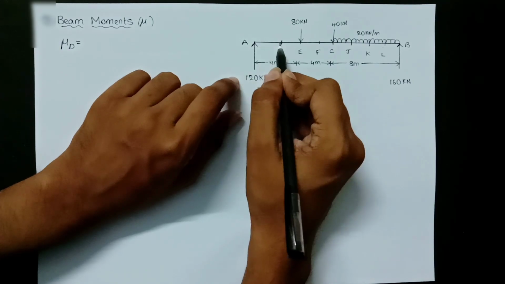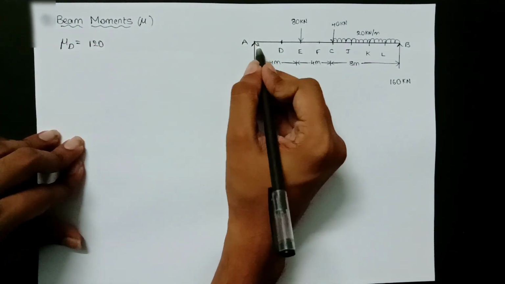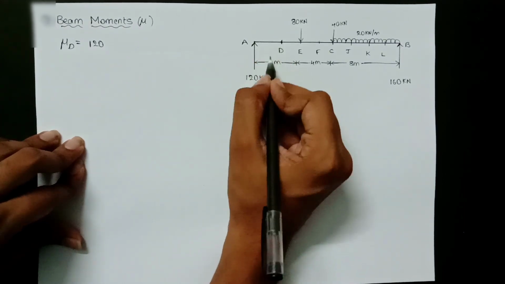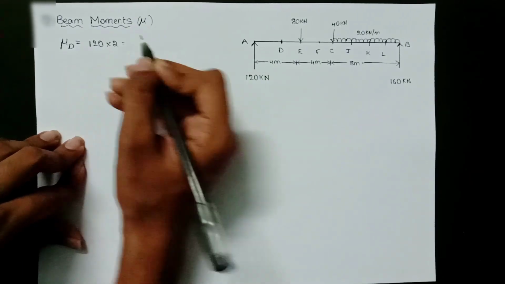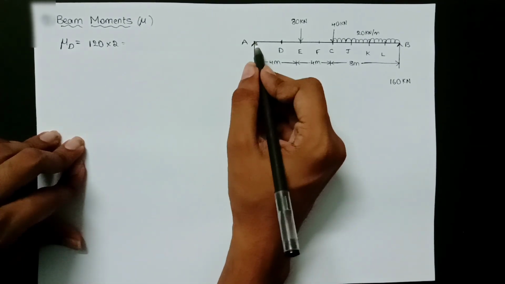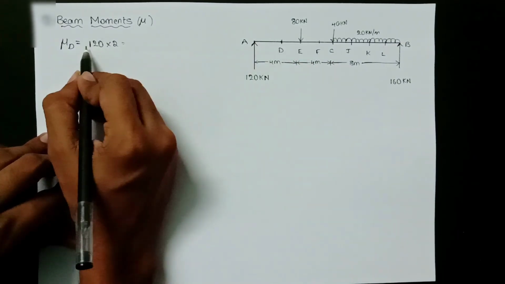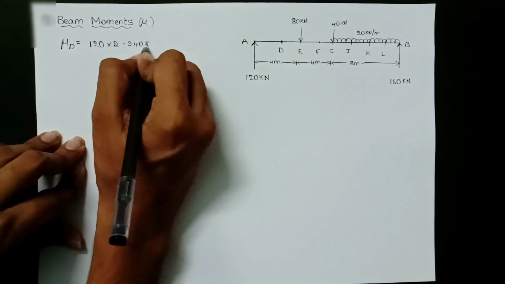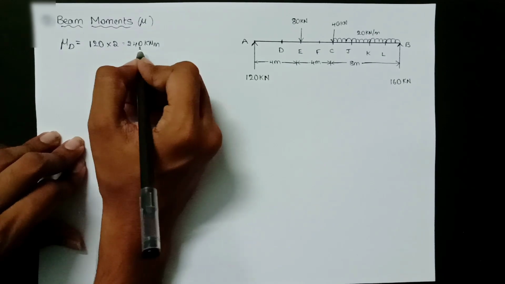So 120 into 2: force is 120 kilonewton, perpendicular distance is 2 meters. Since this is moving the beam in upward direction, it is a sagging moment, so it is a positive moment. 120 into 2 is 240 kilonewton meter.